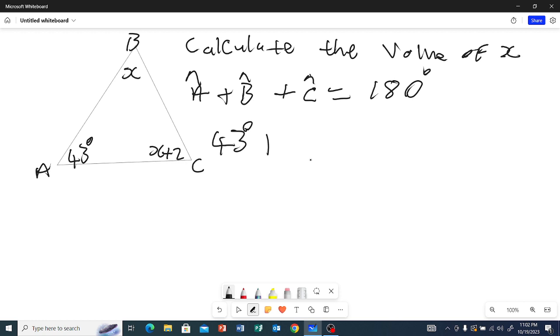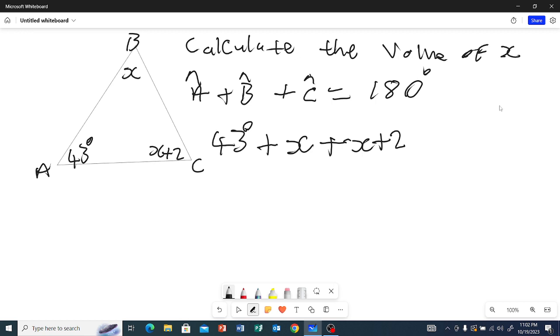Where there is B, you write the value of B, which is x. And what is the value of C? It's x plus 2. Now all these things must add up to 180 degrees.